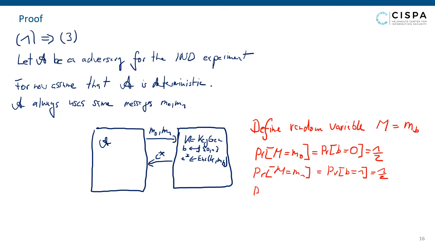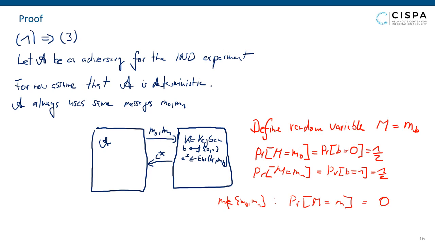And for any message different from M0, M1, for M not in {M0, M1}, we know that probability M equals M is 0.